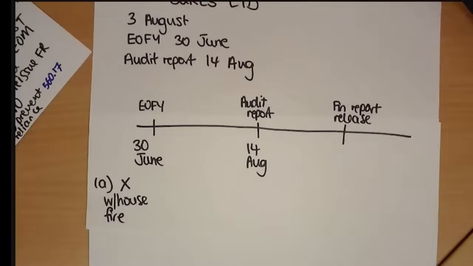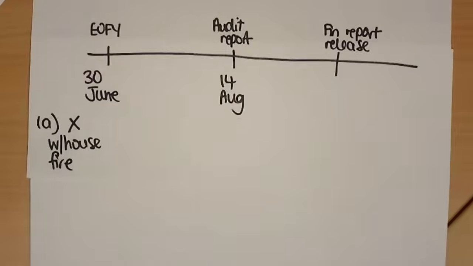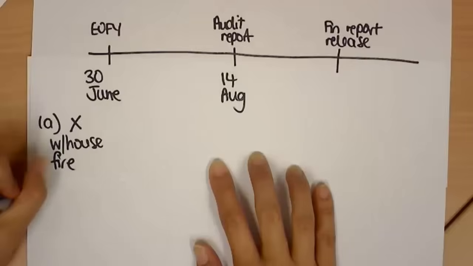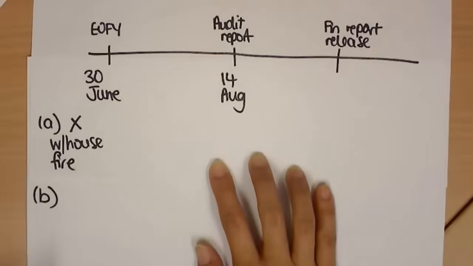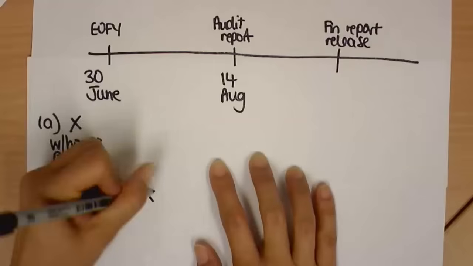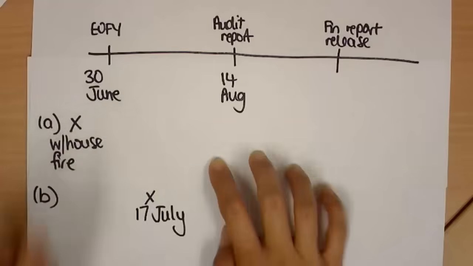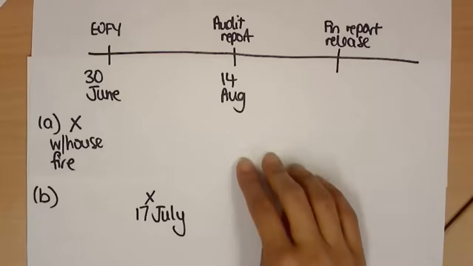All right, so let's look at scenario B. Same warehouse fire, but the warehouse fire was on the 17th of July. And we're currently, remember, at the 3rd of August.